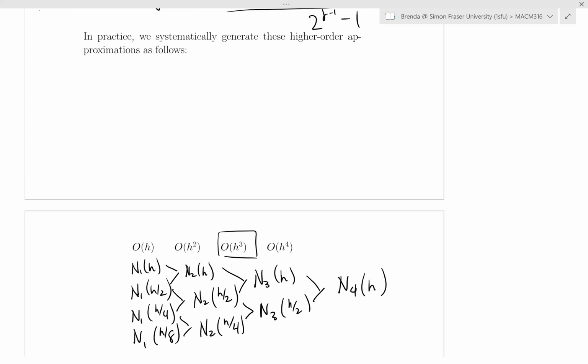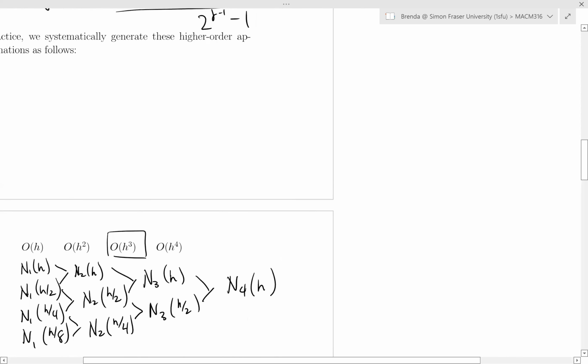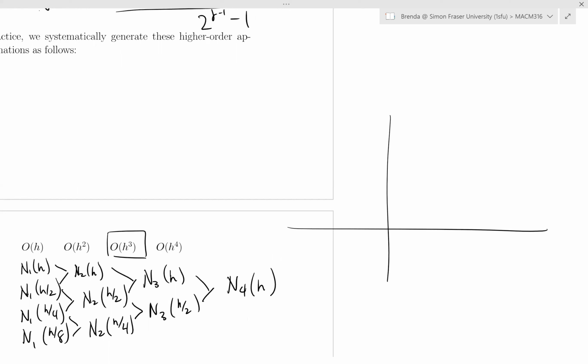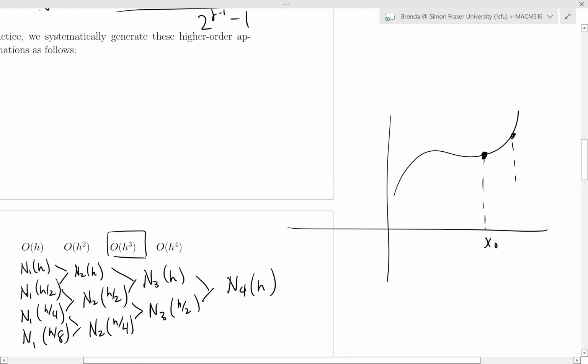Maybe I will attempt the feat of drawing this out geometrically for the derivative. So you have a function like that. Here's some point on your function, x0. There's some other point on this function. You're attempting to approximate the derivative at x naught. This distance here is h.